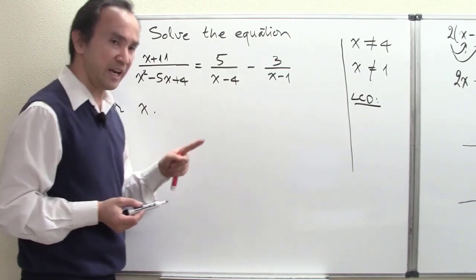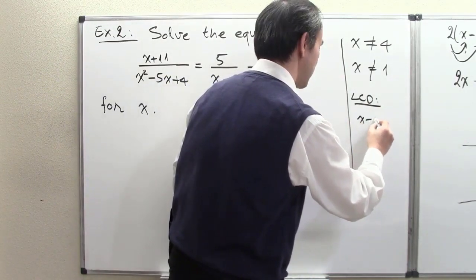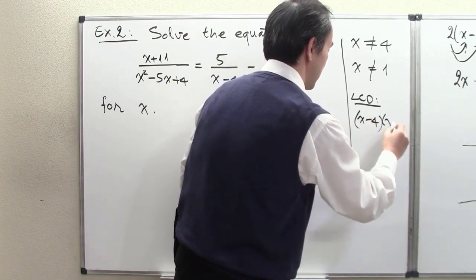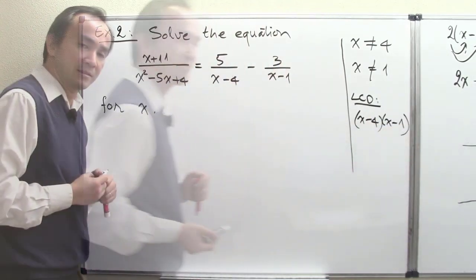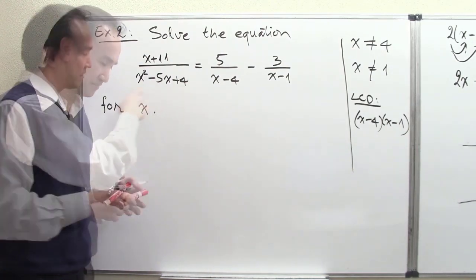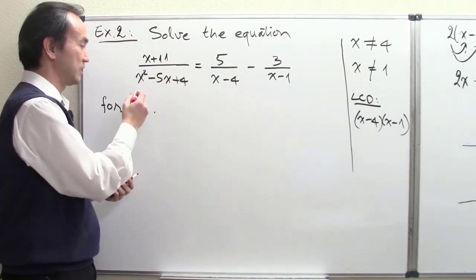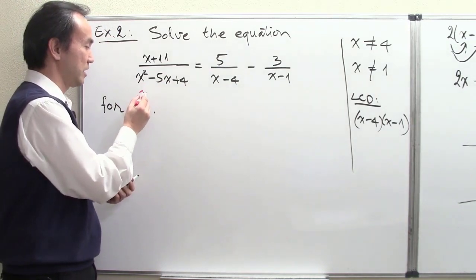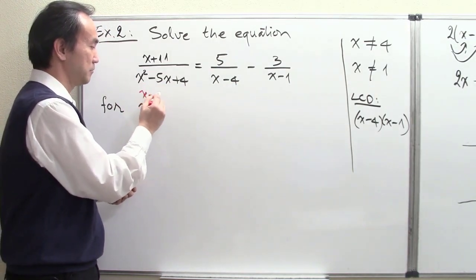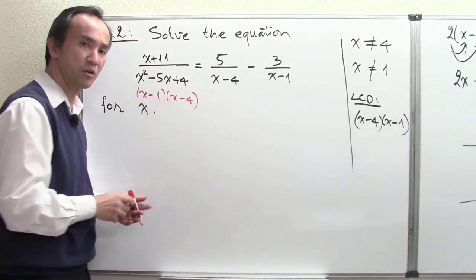The LCD here is x minus 4 times x minus 1. To organize the problem better than in example 1, note that x squared minus 5x plus 4 is simply x minus 1 times x minus 4 in complete factor form.